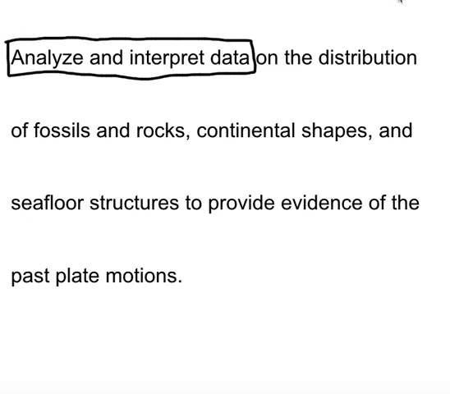That's the same standard that we had when we did the tornado web quest when we were talking about natural hazards. We analyzed and interpreted data. And what we did while we were doing that was, if you remember, we asked you to classify or sort things. So you're going to write classify. You got to classify things.